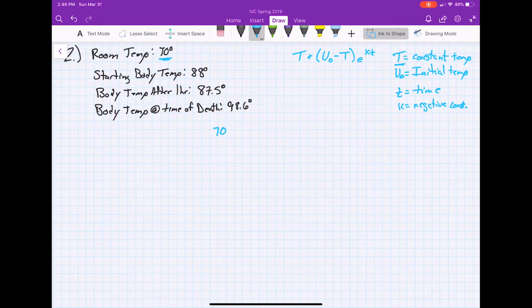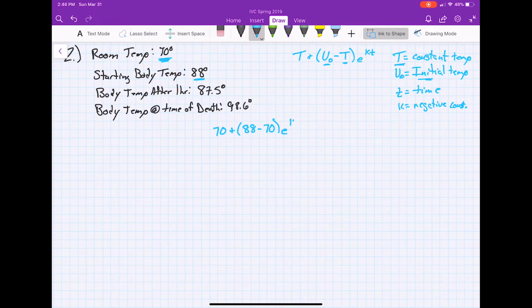We have 70 degrees plus our U sub naught, which was our initial temperature of 88 degrees, minus our constant temperature, which again was 70, times e to the k times 1, because it was 1 hour.